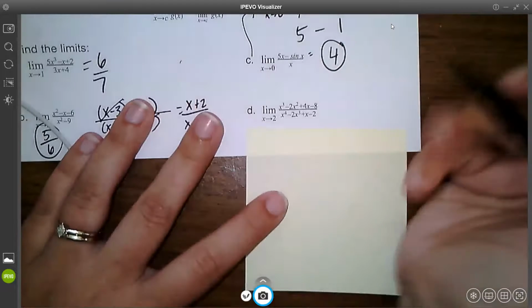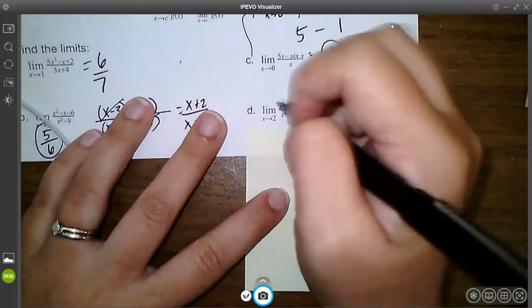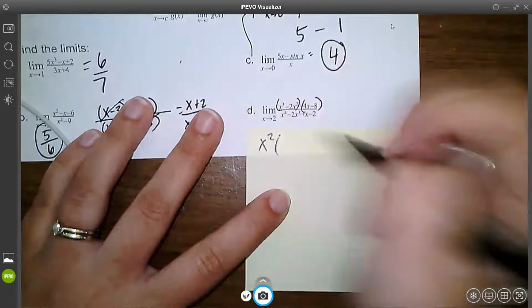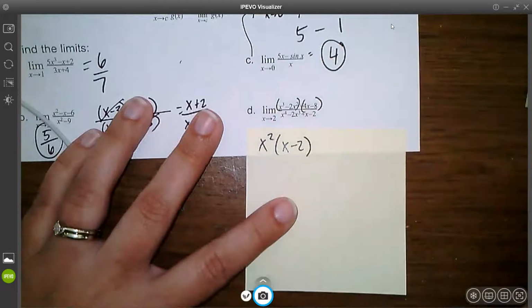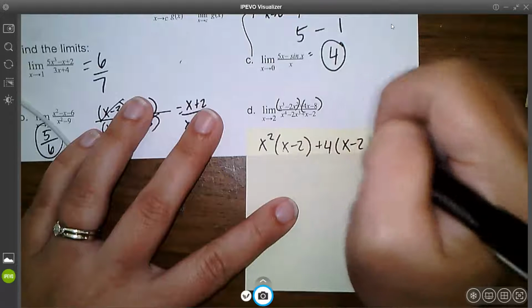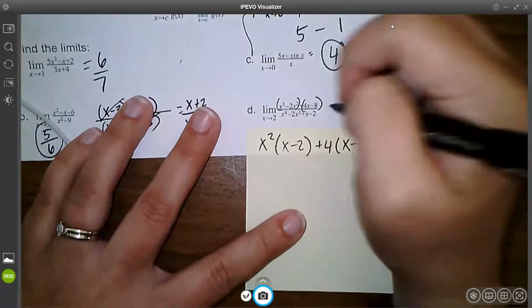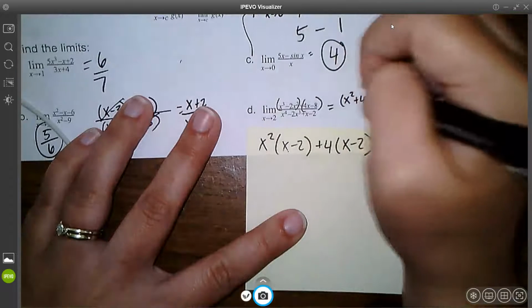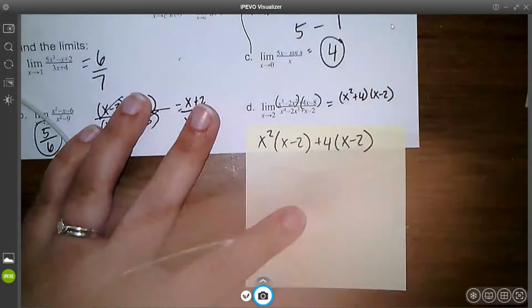So here I'm going to factor out the top. So I have my top part here. I can pull out an x squared. I'm left with x minus 2. The second part, I can pull out a 4, and I'm left with x minus 2. So my numerator, factored form, is x squared plus 4 times x minus 2.